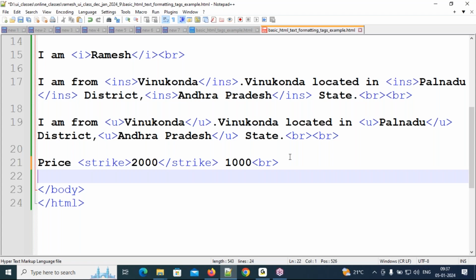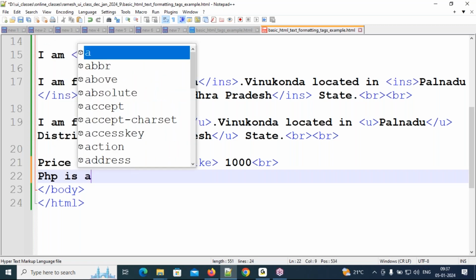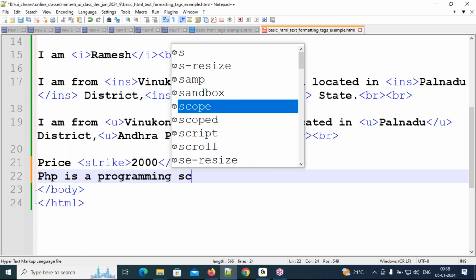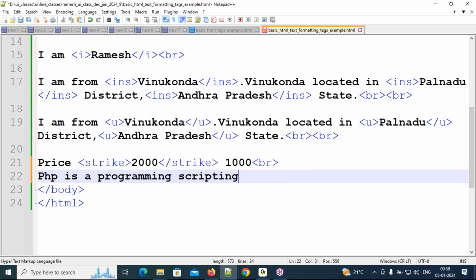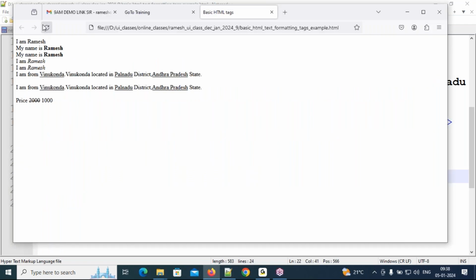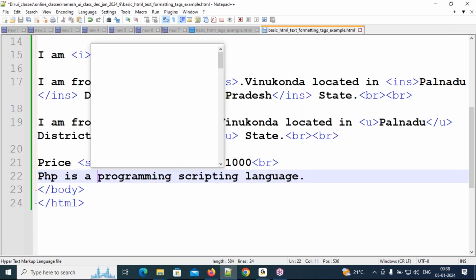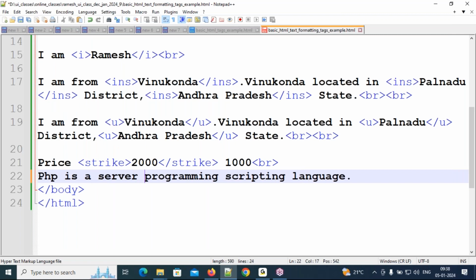So here also observe: PHP is a server side programming scripting language.